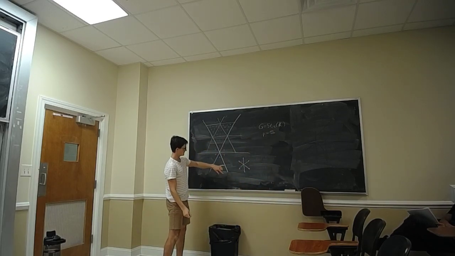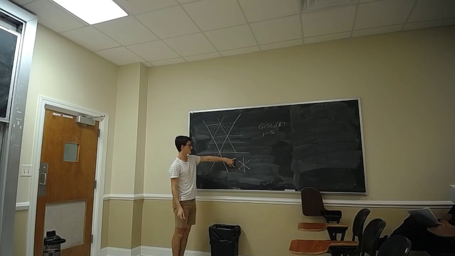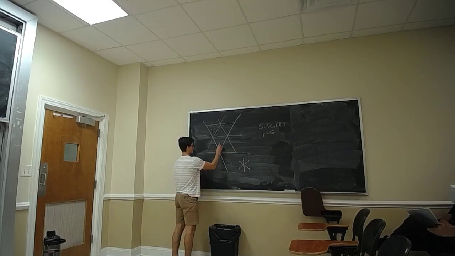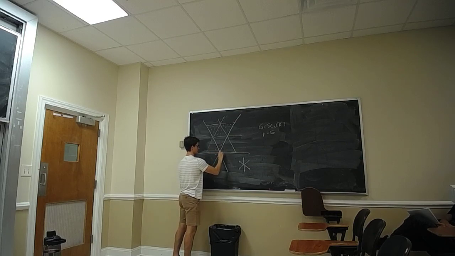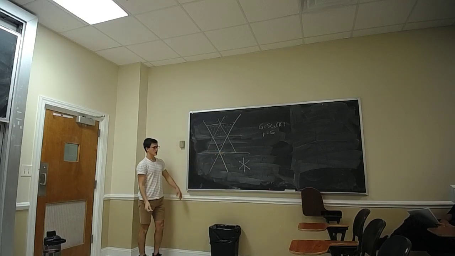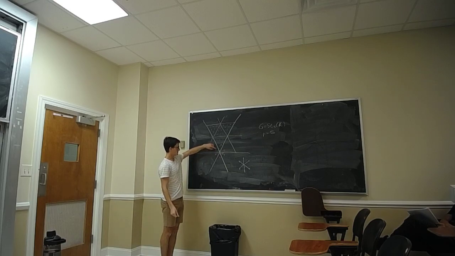So you can see down here, this is the type A2 root system, and the red weight here, which I'm just pointing at, is the 0 weight. So if you just look at the orbit of 0 under the dot action, then you get the points here. The intersection of these three lines down here is minus rho. If you look at the rho-shifted action of the finite Weyl group, then you get these 6 points here.